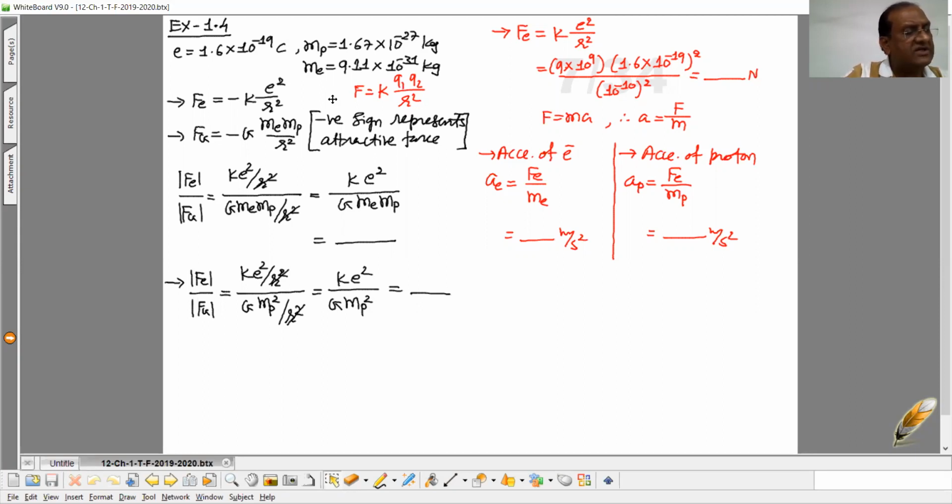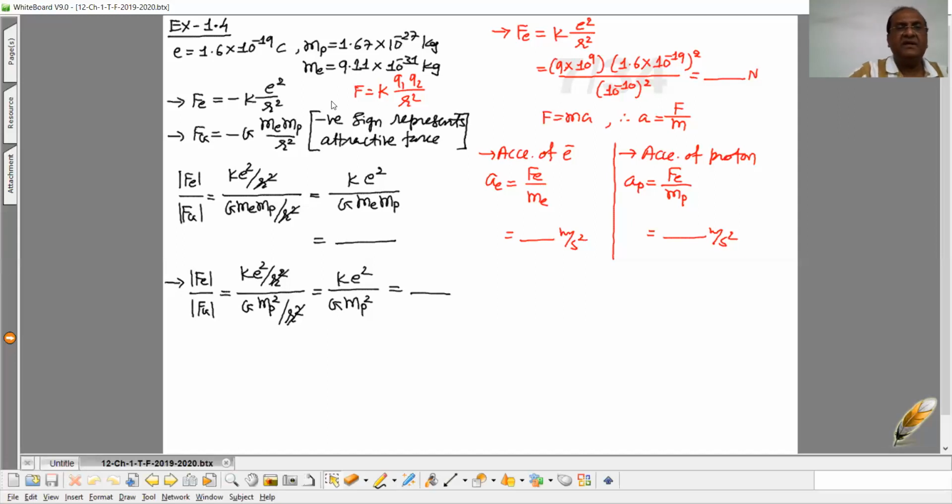Then B. Estimate the acceleration of the electron and proton due to the electrical force of their mutual attraction when they are 1 angstrom, which is equal to 10 raised to minus 10 meter, apart. Mass of proton is 1.67 into 10 raised to minus 27 kilogram, and mass of electron is 9.11 into 10 raised to minus 31 kilogram.